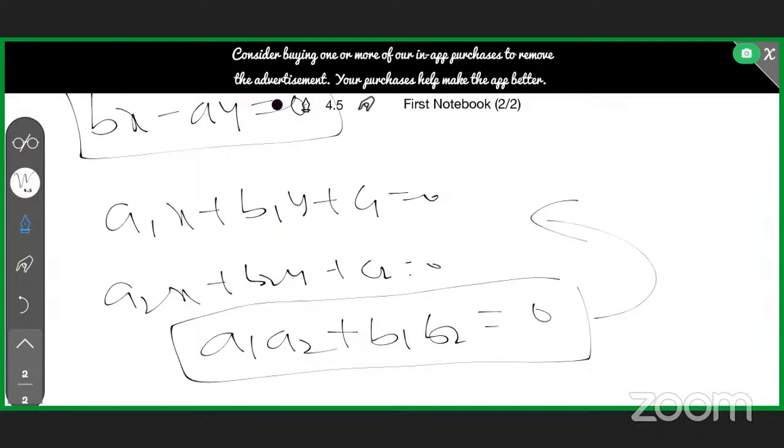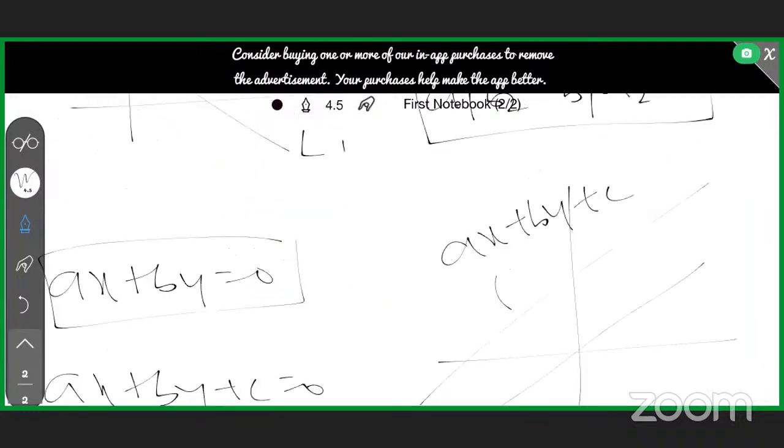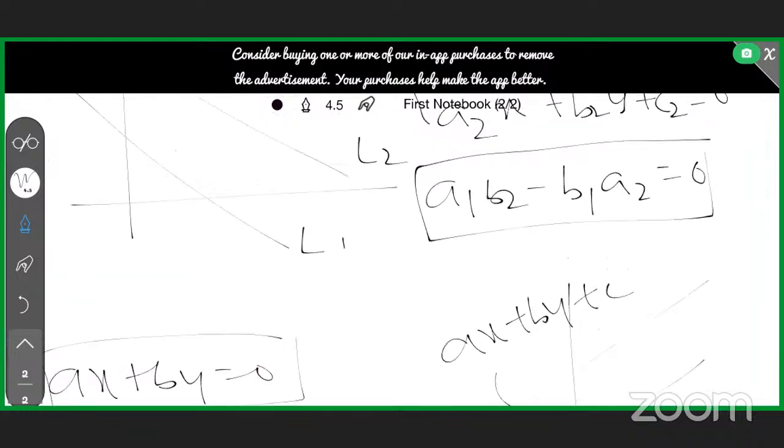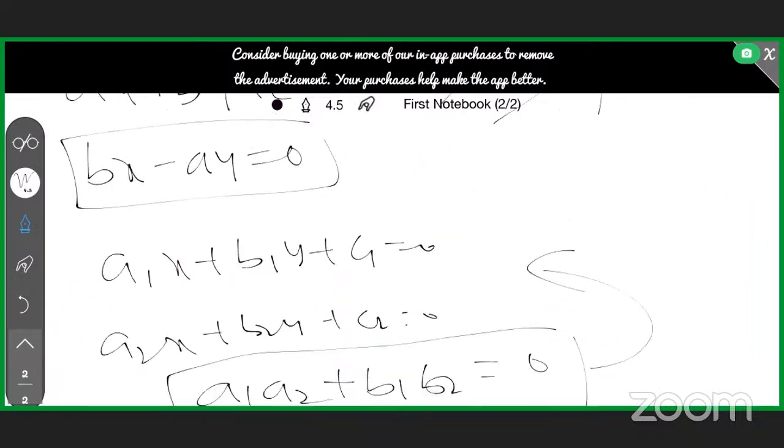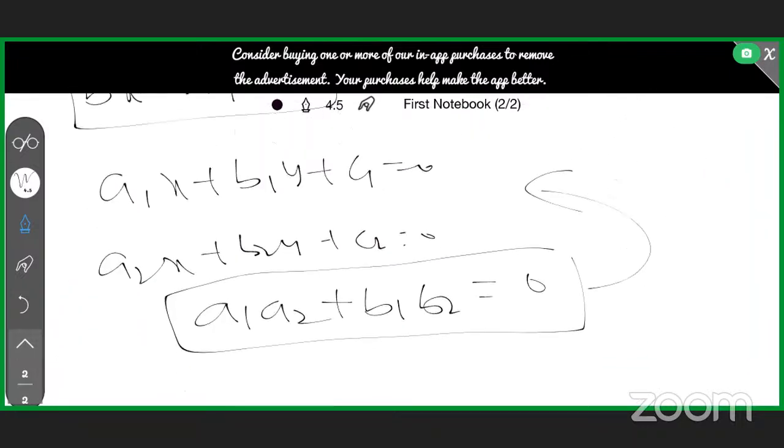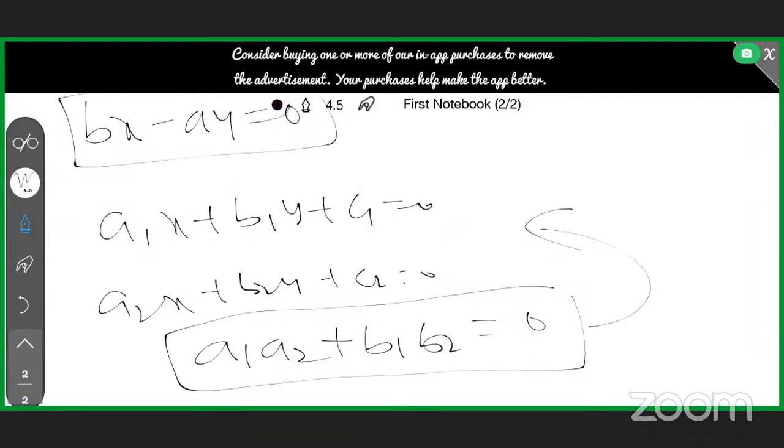Understand, dear friends? If these two lines are perpendicular, then they have to satisfy this condition A1 A2 plus B1 B2 is equal to 0.